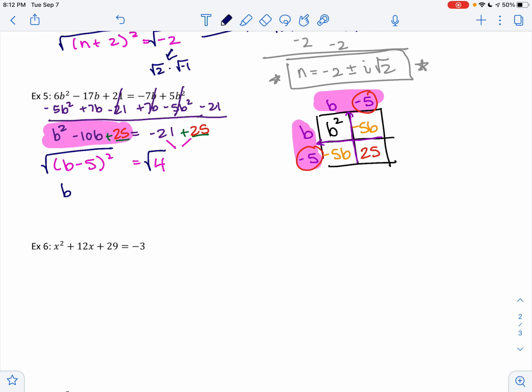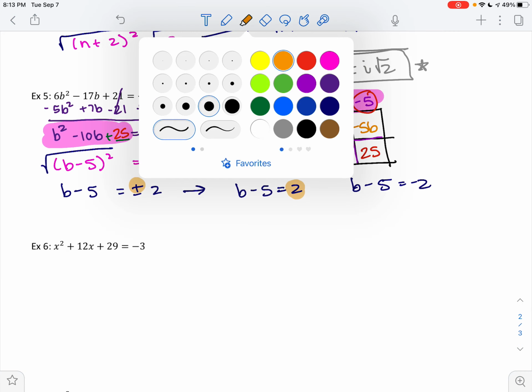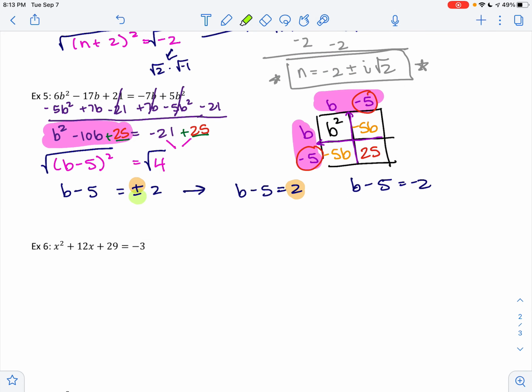And so I'll have b minus 5 equals plus or minus 2. From here, I have two equations that I can solve. And I'll write those equations over here. I'll have b minus 5 equals positive 2. And b minus 5 equals negative 2. I have one equation for the plus, positive 2, and I have the other equation for the minus, so that would be the negative 2.